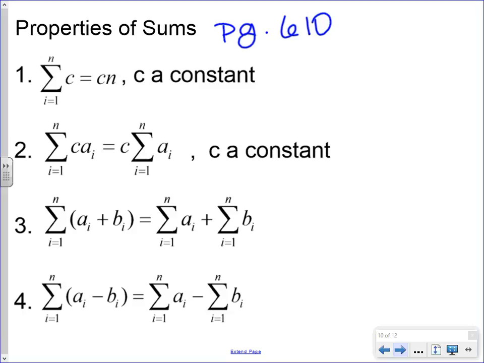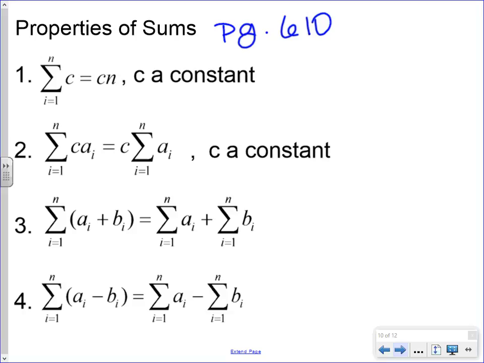If we have the sum of just a constant, like the sum of 5, then that means you have 5 plus 5 plus 5 plus 5 plus 5, right? So if you have the sum of a constant, you're just going to multiply that constant by how many times you're adding it up. Seems reasonable, right?